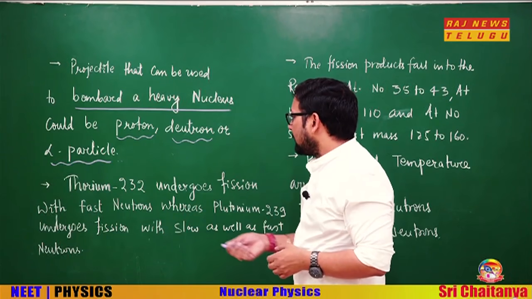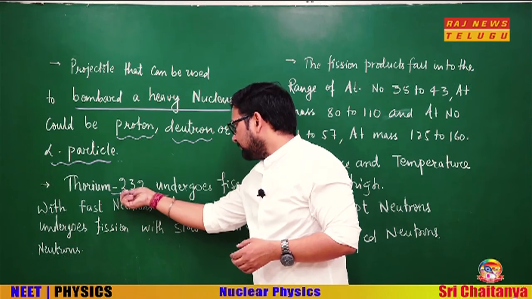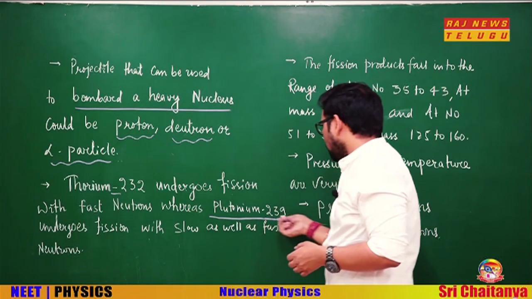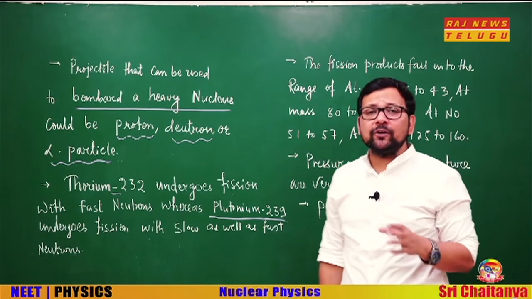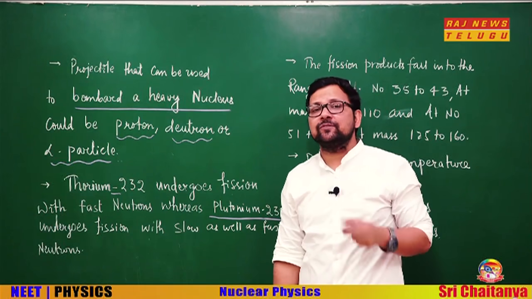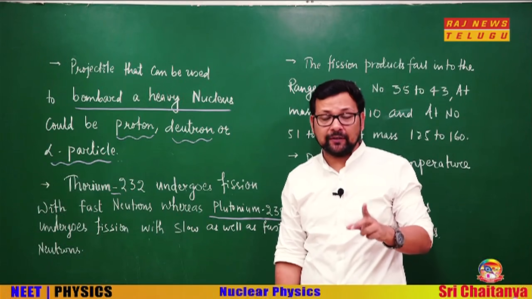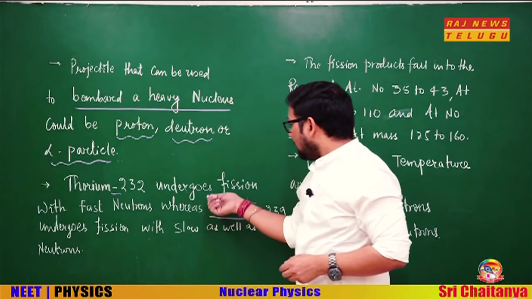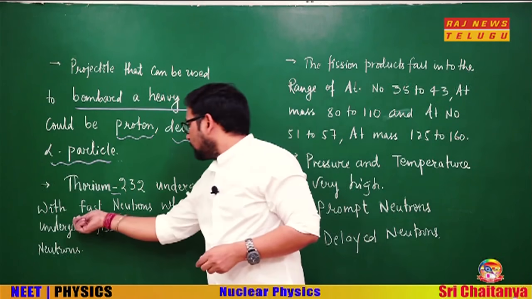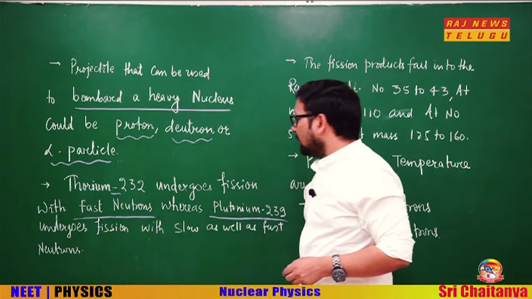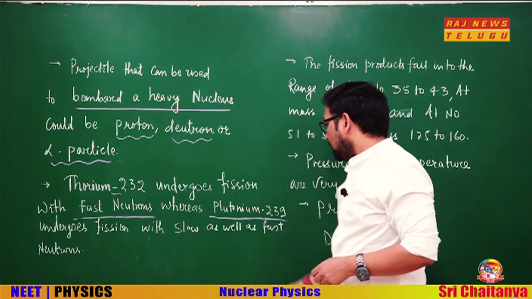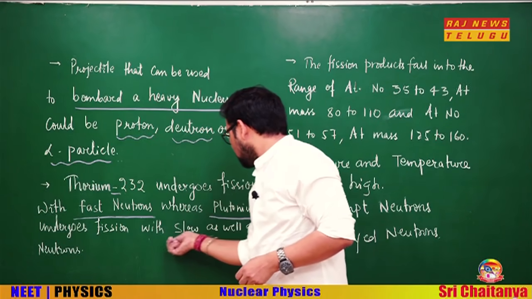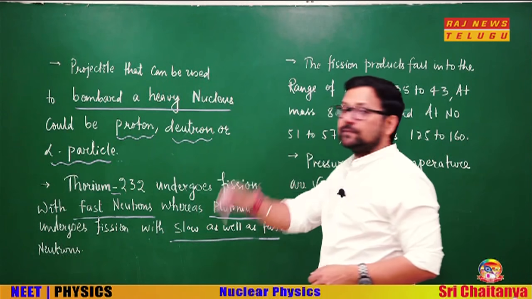Next point: thorium 232 and plutonium 239. What kind of projectile do they use for nuclear fission? Important question point. Thorium 232 undergoes fission with fast neutrons only, but plutonium 239 undergoes fission with slow as well as fast neutrons.